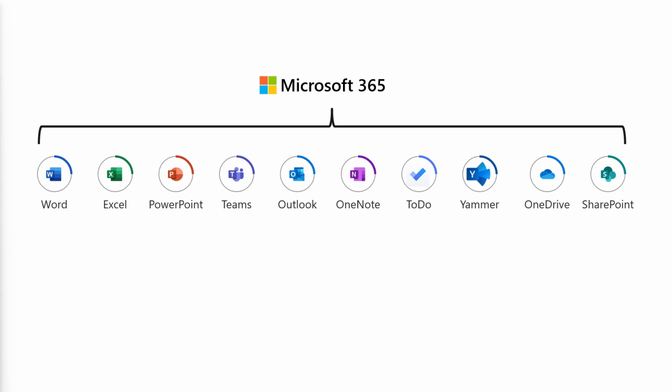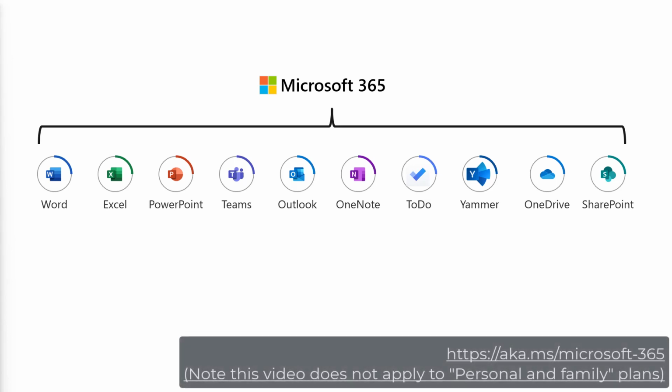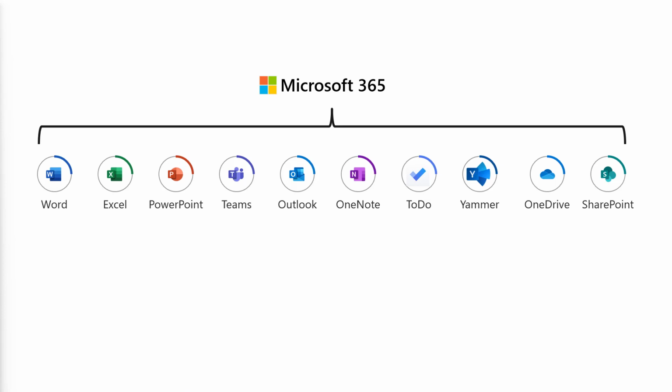Microsoft 365 is a suite of cloud-based applications, some of which have an optional rich client or mobile application, but they all have a cloud presence and are capable of running in a web browser from the cloud directly. These applications include familiar ones like Word, Excel, and PowerPoint, Microsoft Teams, of course, Outlook for email and calendar, and a bunch of others, including OneDrive and SharePoint for file access.